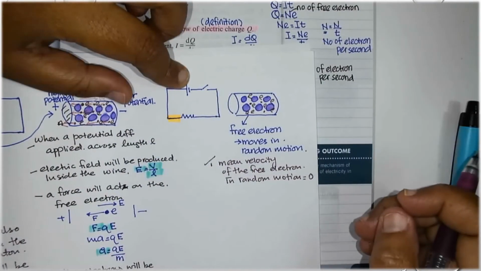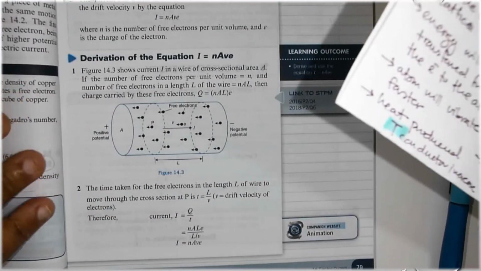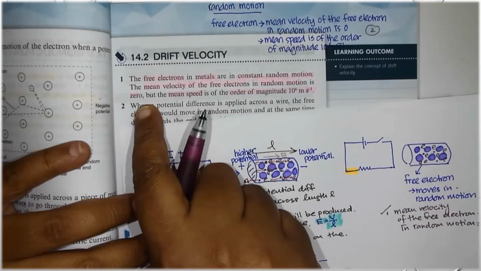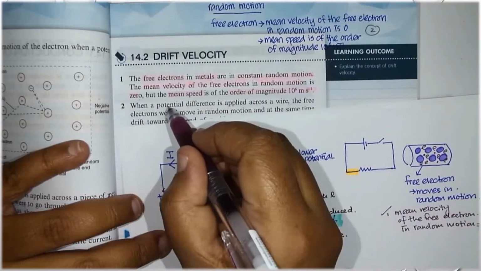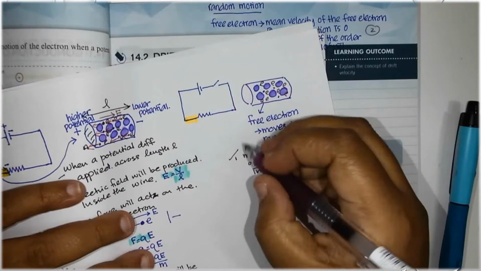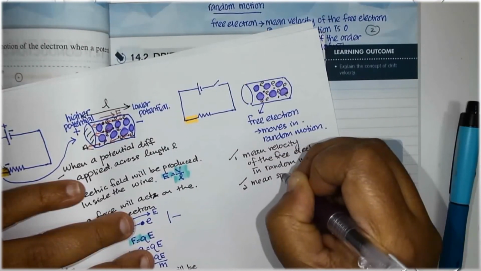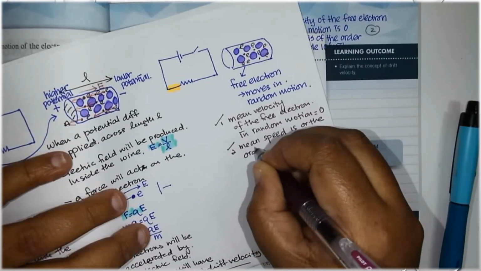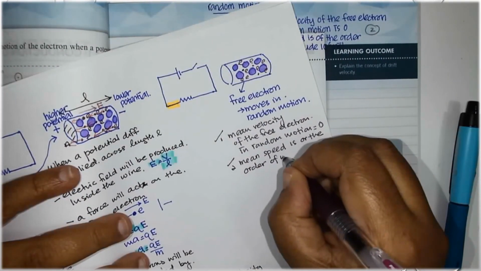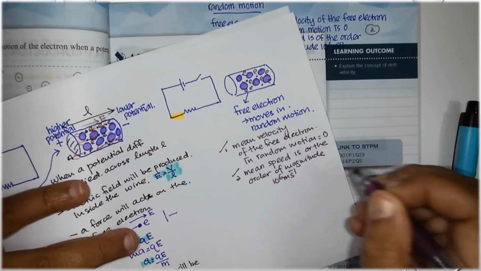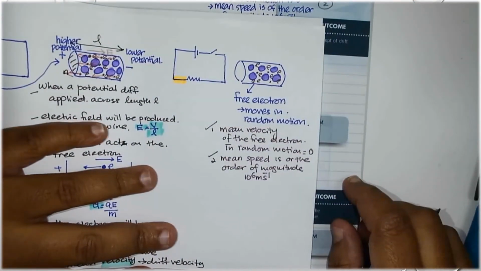Then what happens? Another keyword here: the mean velocity of the free electron in random motion is 0, and also the mean speed is of the order of magnitude 10 to the power of 6 m s^-1. This is before you put in the potential.